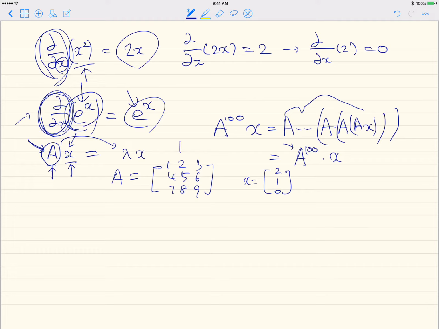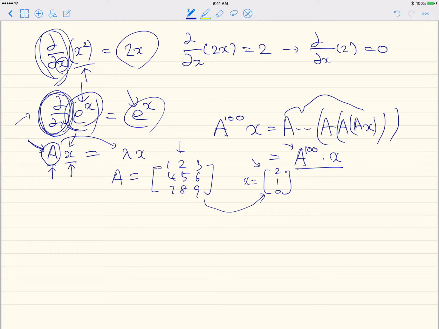Then you'll have to multiply this A 100 times and then multiply x, or you keep multiplying this guy with the x like 100 times. Okay, so it's a really time-consuming process, right? So it would be a really annoying process.